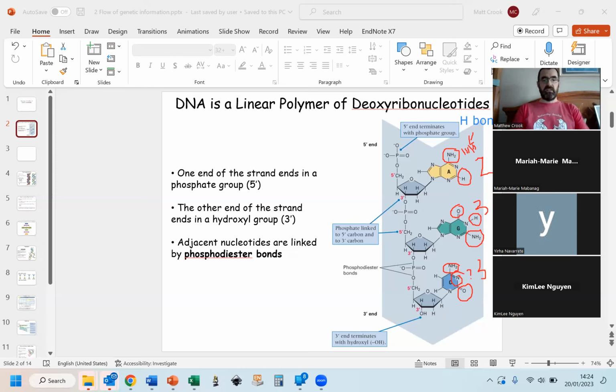C's and G's are three. And that's going to be super important later when we talk about the ease of pulling apart DNA strands, right? So if you want to separate DNA strands, then you're going to want to have lots of A's and T's because it's going to make it easier.